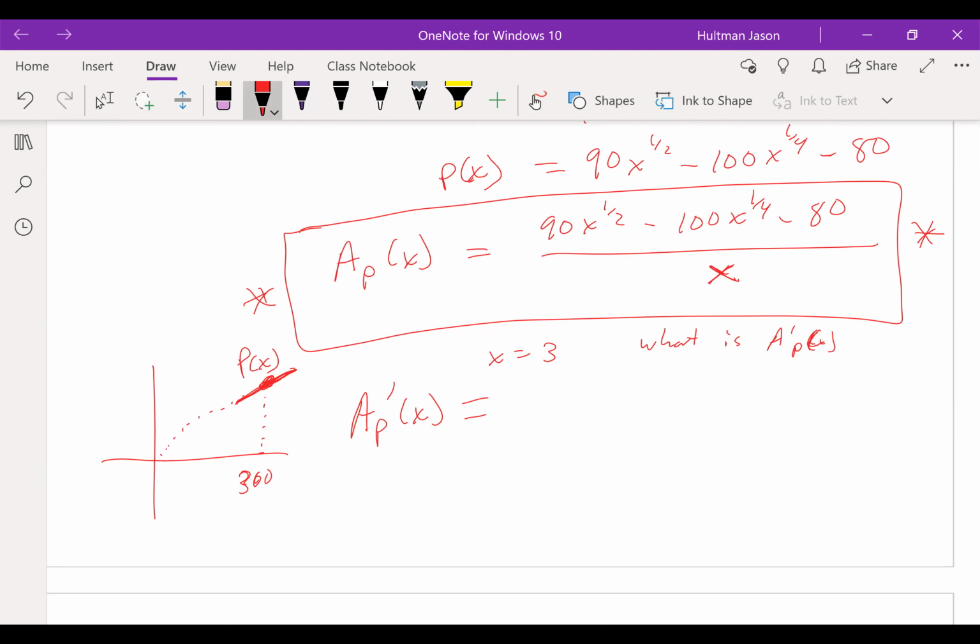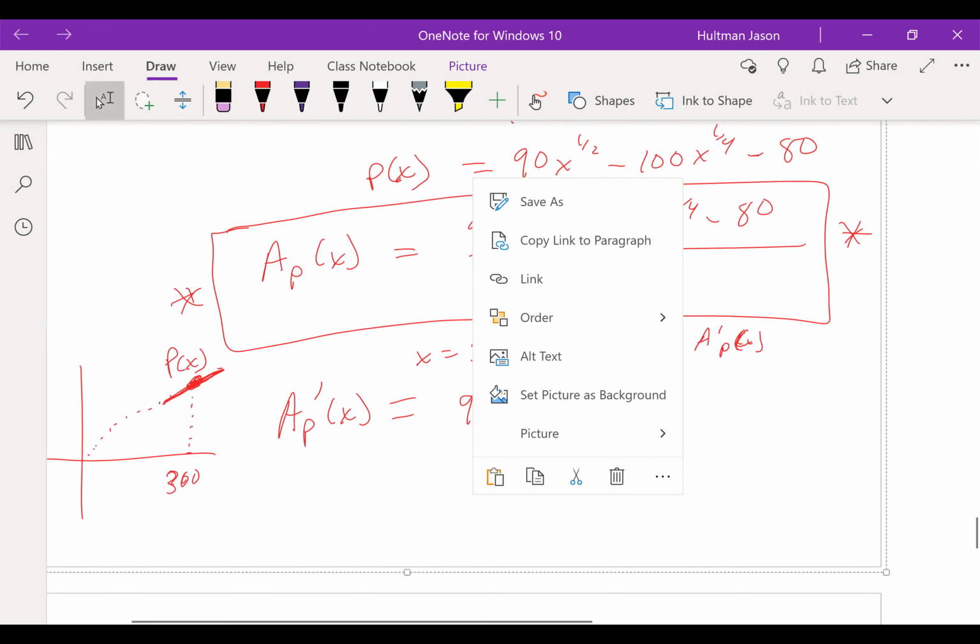How would I find the derivative of the top here, 90x to the 1/2? It's the derivative of the top times the bottom. So let's find the derivative of the top.